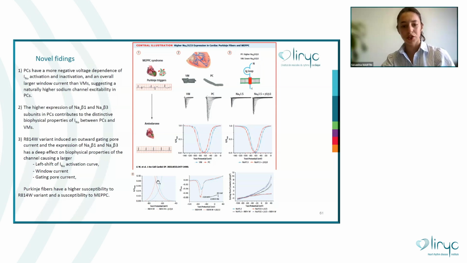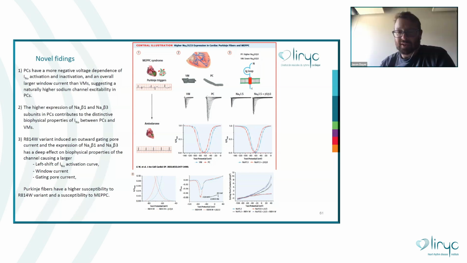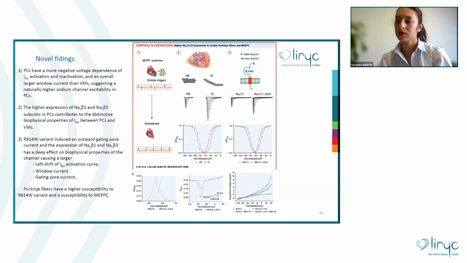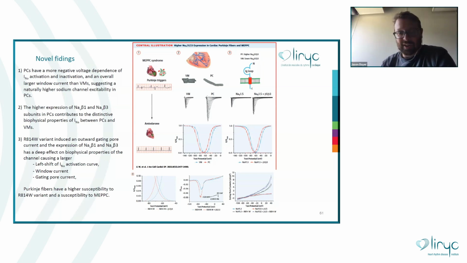What I'm trying to understand is how I could stimulate the Purkinje network and not the myocardium. Is it possible to use a much lower threshold stimulus and capture, since this window current is shifted, the myocardium first or the Purkinje?